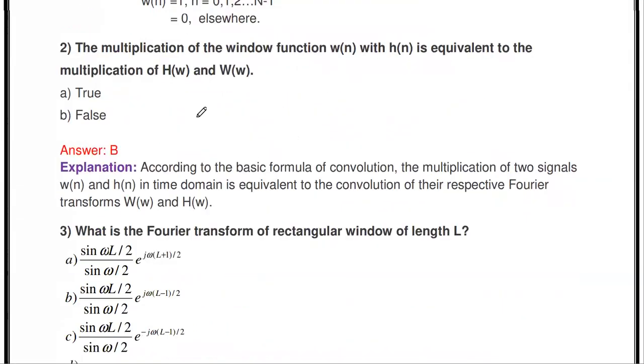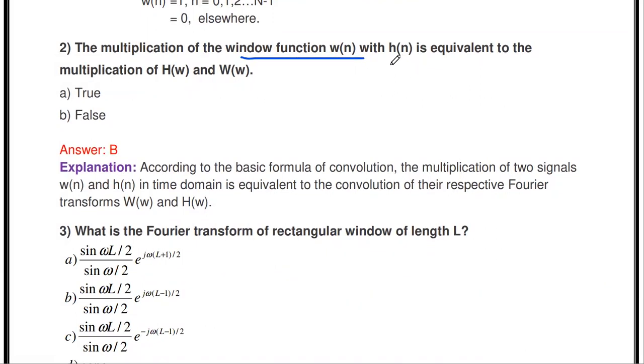The next question: the multiplication of the window function with h of n is equivalent to multiplication of capital H of omega and W of omega, the windowing function in the frequency domain.